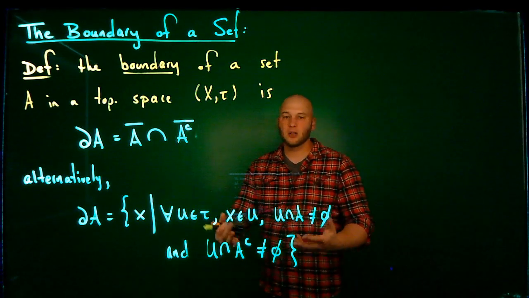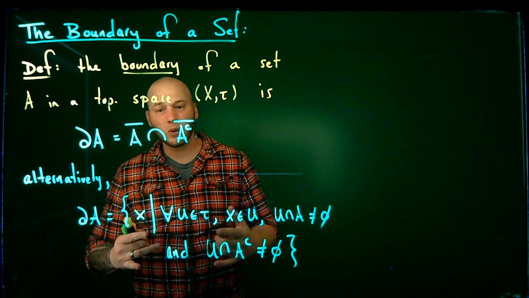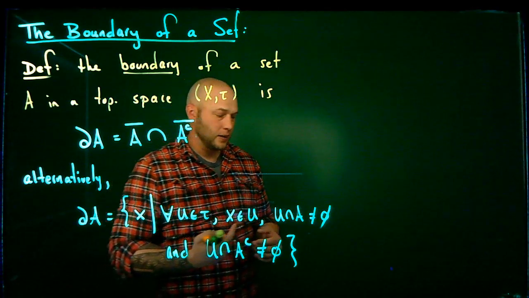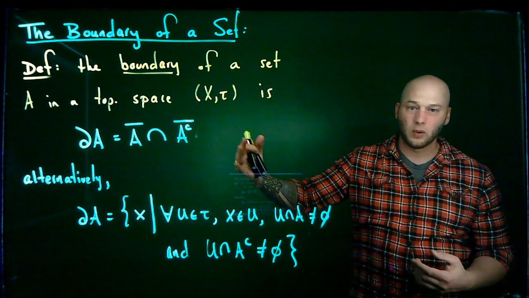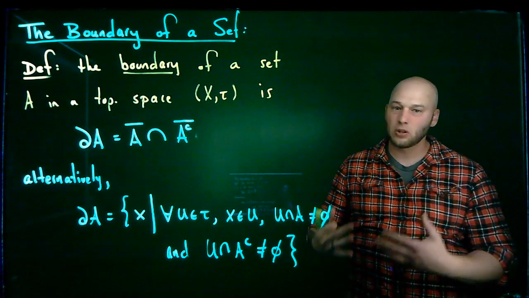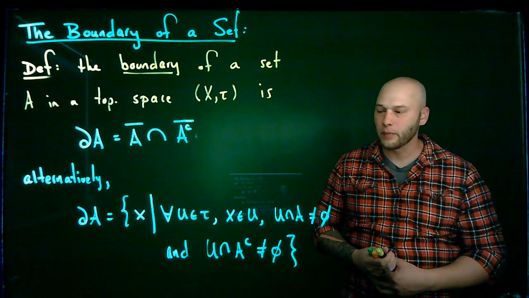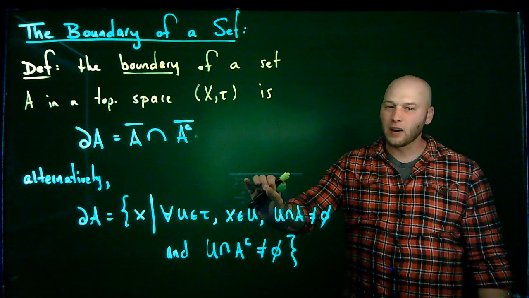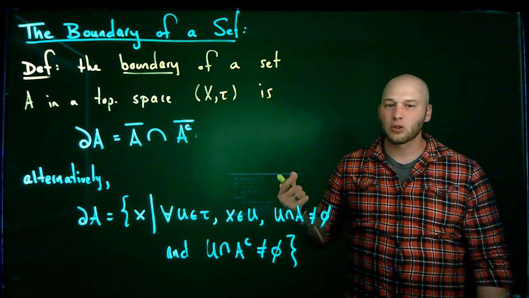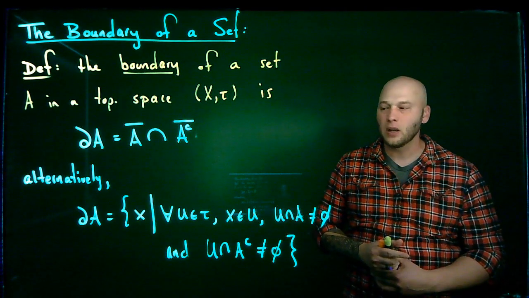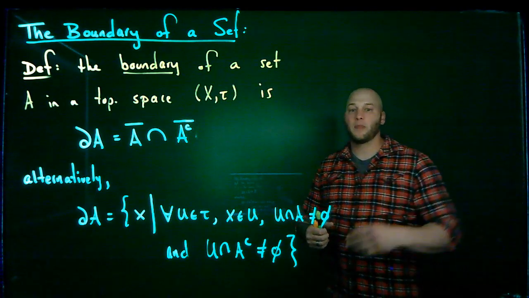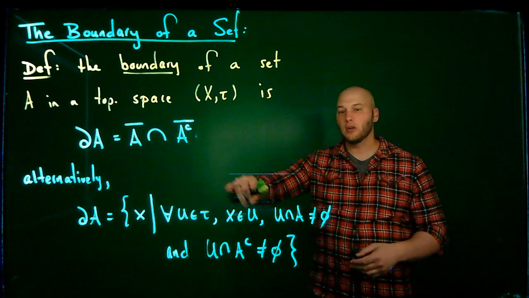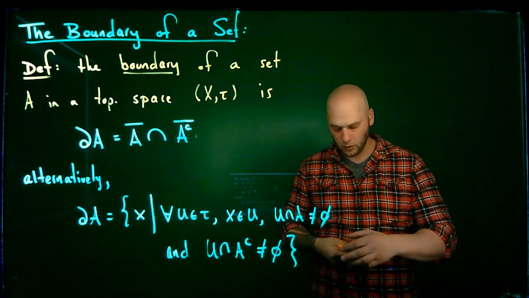The second isn't very constructive, especially when I do something like a topological space where the underlying set is finite, and I give you a finite topology on that and start constructing the boundary from that. It isn't a very workable, constructive definition, but it will be illustrative of the concepts as we go through. The first right here is going to be the main thing that we're going to use.